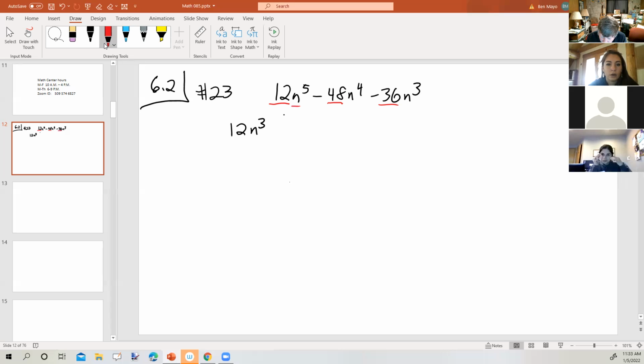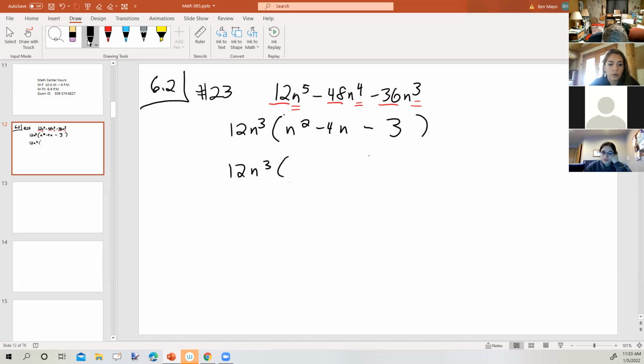And then n to the 5th, n to the 4th, n to the 3rd, n cubed goes into all of those. You take the lowest powers. Okay? Now, what are the leftovers? We have n squared minus 4n minus 3.